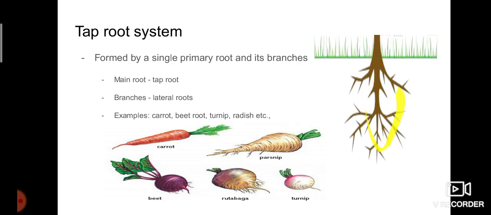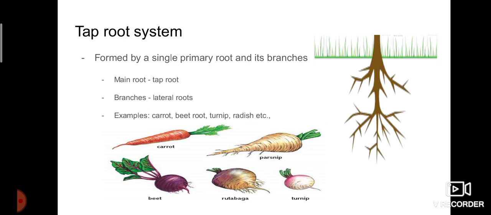So the primary root which is present in the taproot is the main root. The branches are called lateral roots. We can see these types of roots in carrot, turnip, beetroot, radish, etc. As I said, not every plant has the same pattern of root.